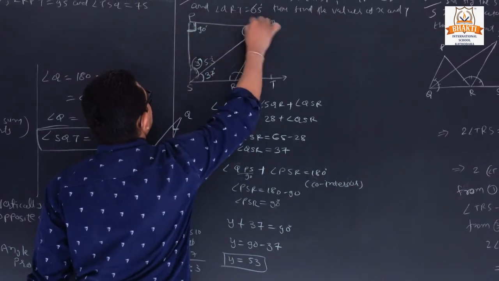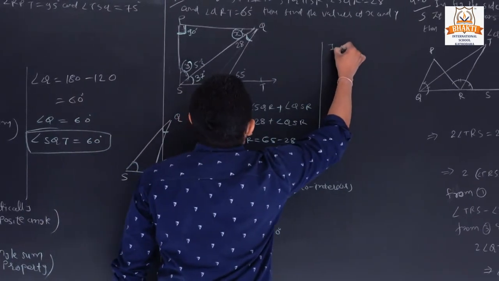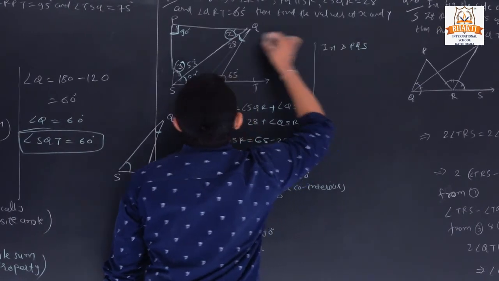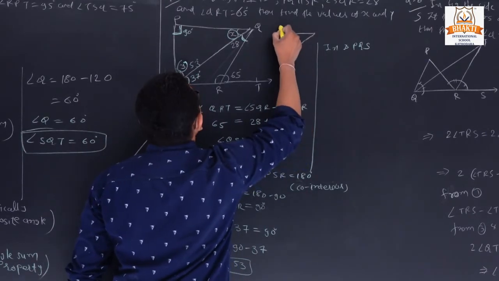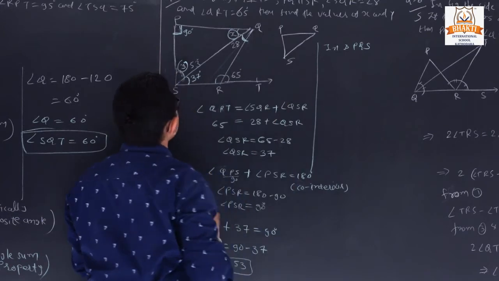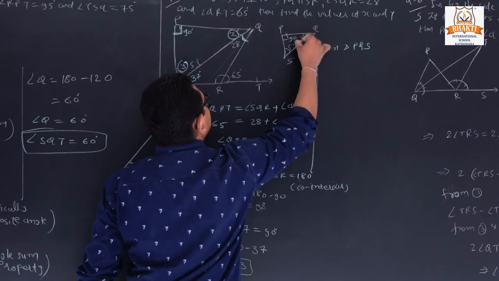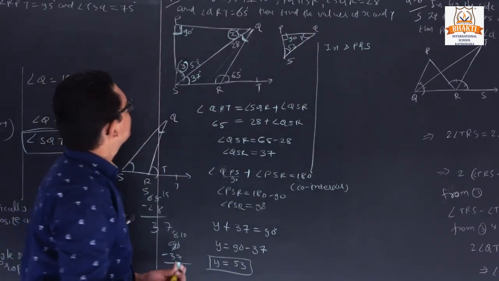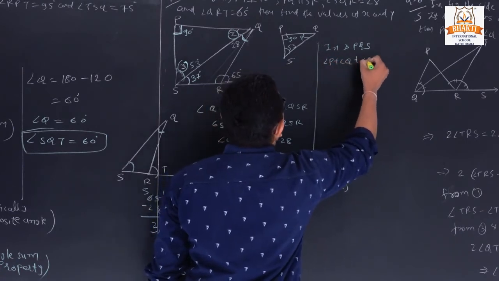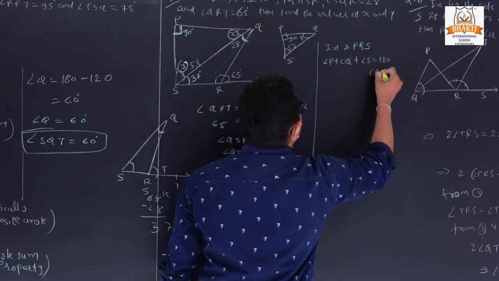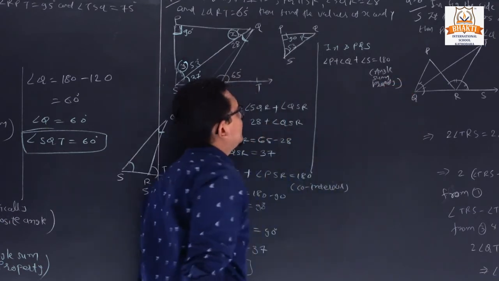Now see that this is a triangle, triangle PQS. This angle is given 53, this is 90. So we can find our third remaining angle, it is X. Angle P plus angle Q plus angle S is equal to 180, angle sum property of a triangle.